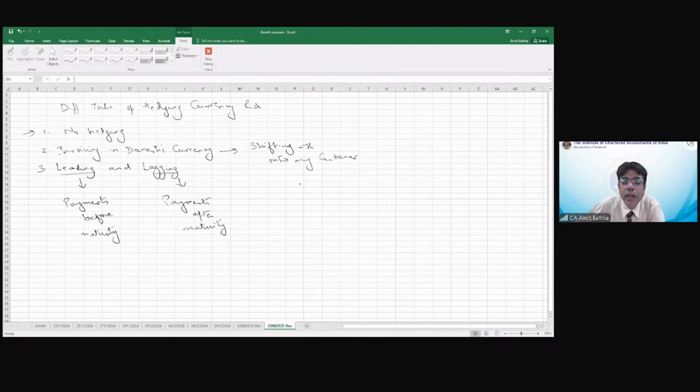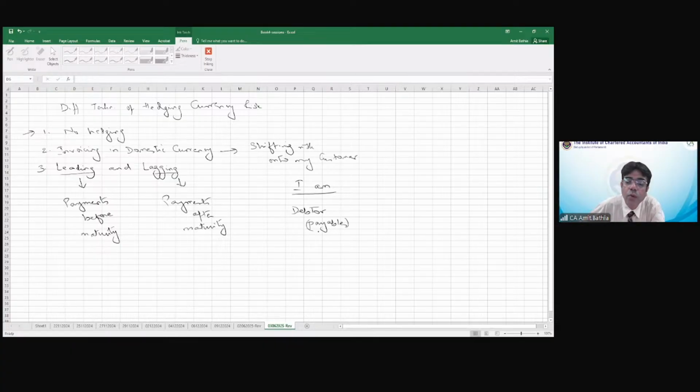Say, for example, if I am a debtor, that means the other party is a creditor. So I have payables in my books. I have to make payments.